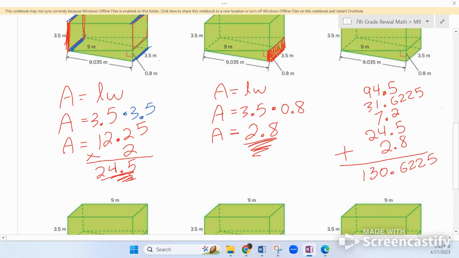Yeah. And I think the problem in the textbook said to round to the nearest 10. Did anybody else get 130.6225? No. I got 160. 160? Okay, so let's check that.